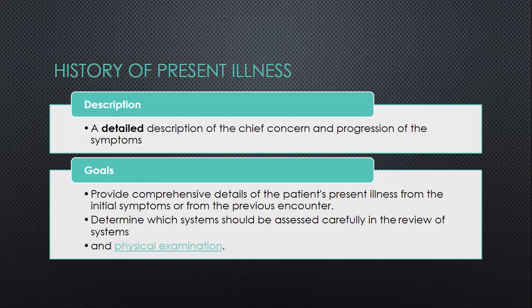The first one would be to provide comprehensive details of the patient's present illness from the initial symptoms or from the previous encounter, and to determine which system should be assessed carefully in the review of systems and physical examination. Okay, so basically what we're going to describe here is the chief concern in a more detailed manner, right?